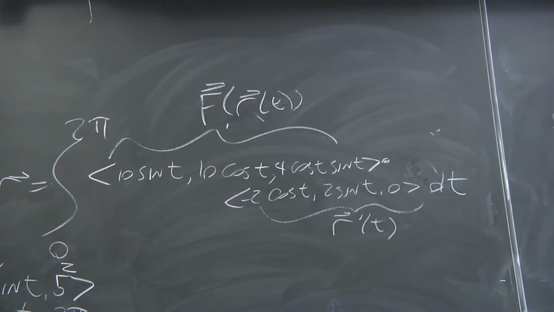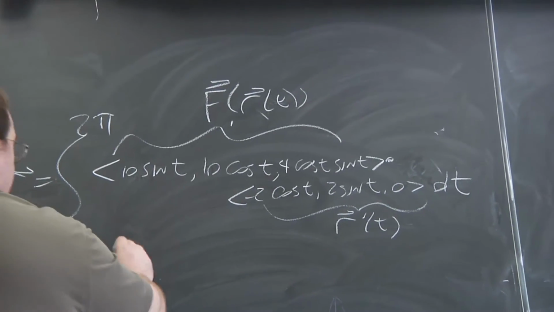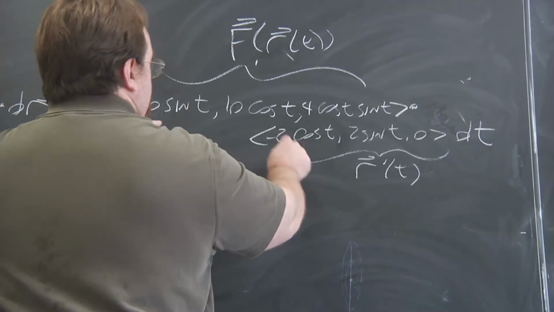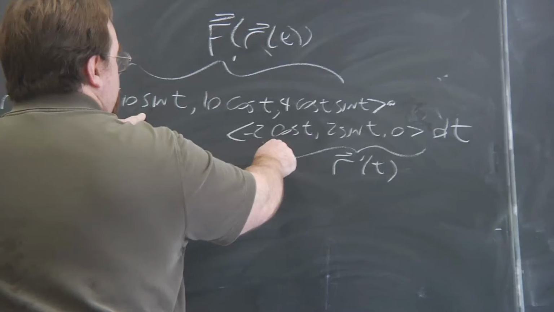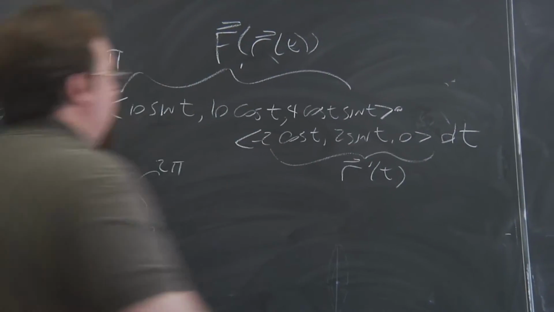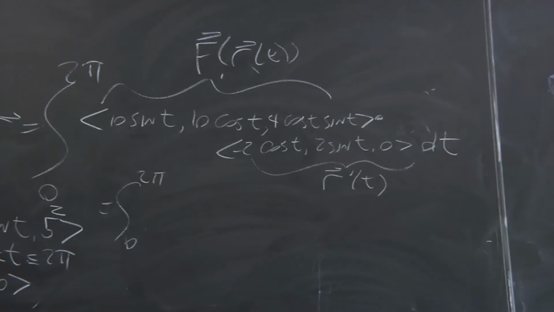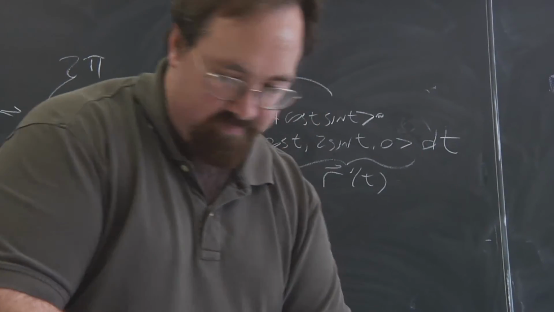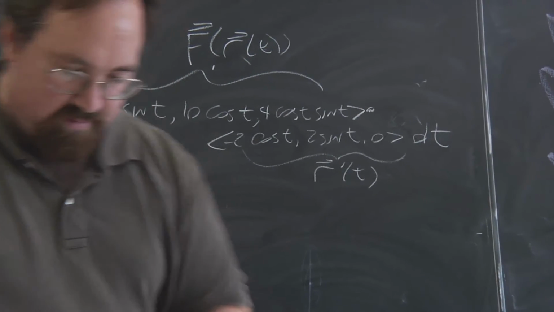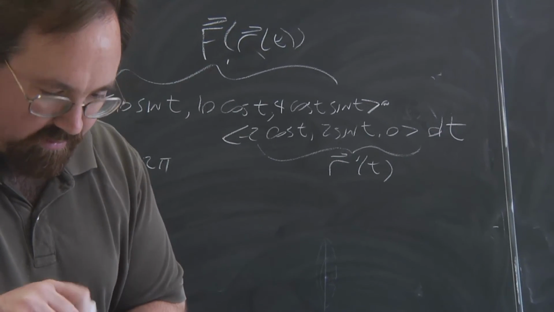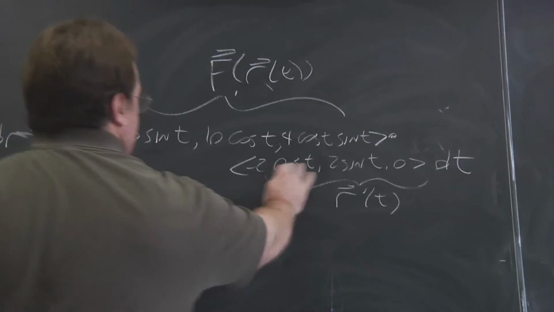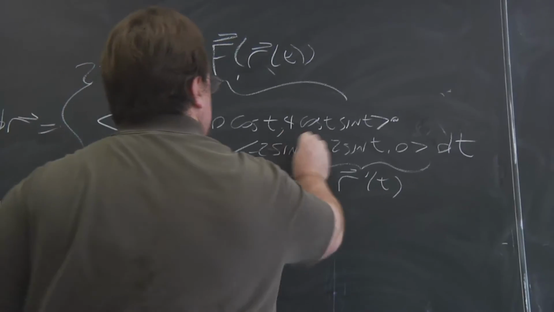So now you'll compute the dot product, and you get the integral from 0 to 2 pi. We're going to have minus 20 cosine sine plus 20 cosine sine. Oh, sorry, that's not right. Sorry, that's a sine, that's a cosine.